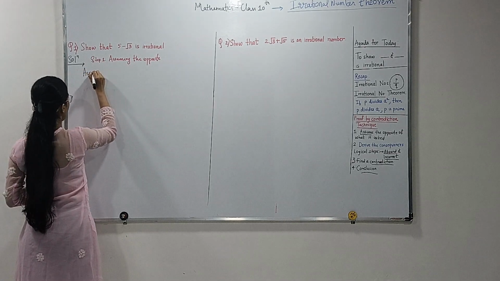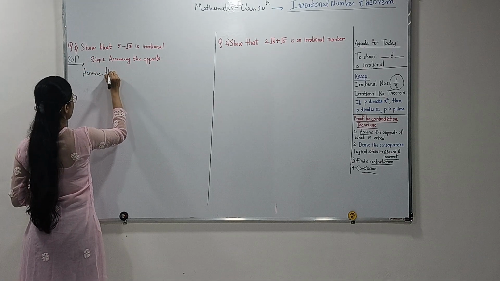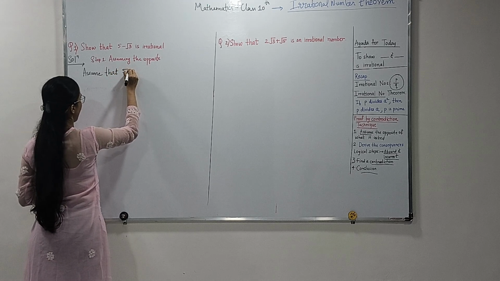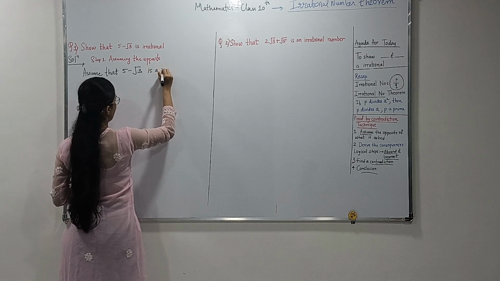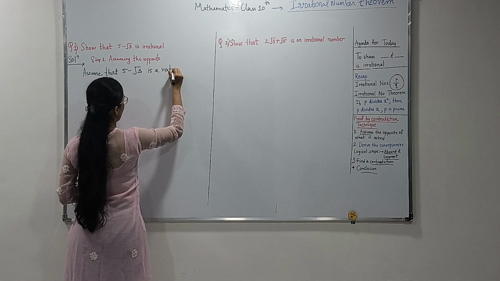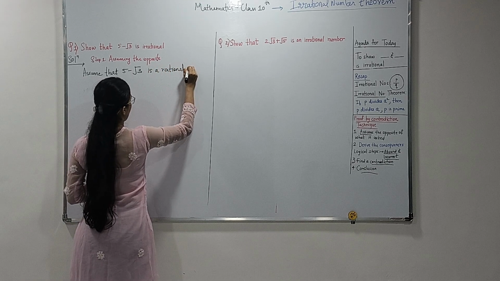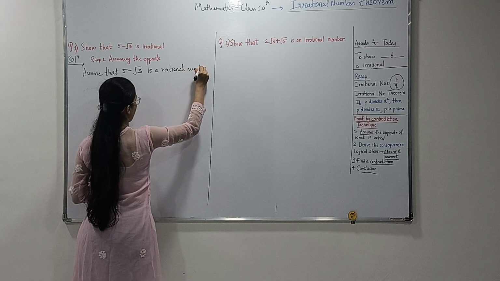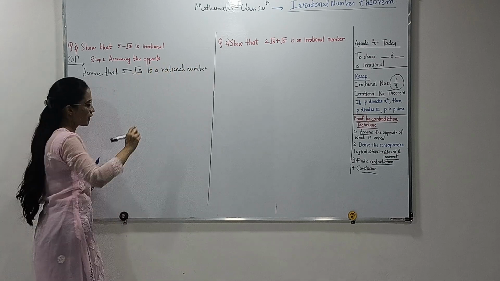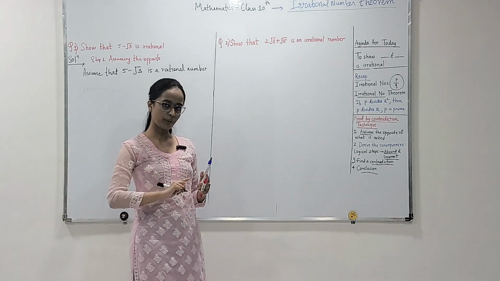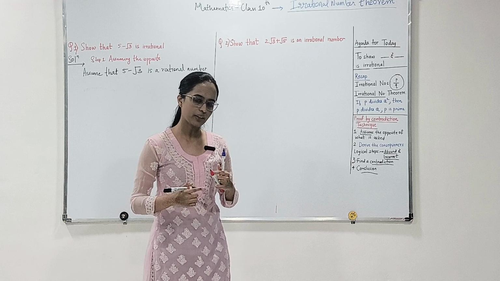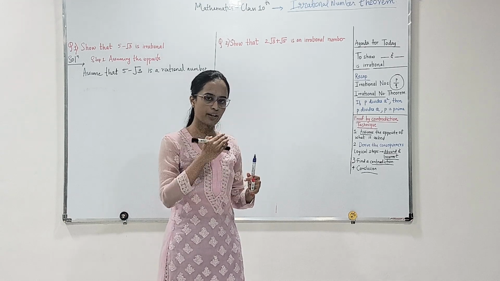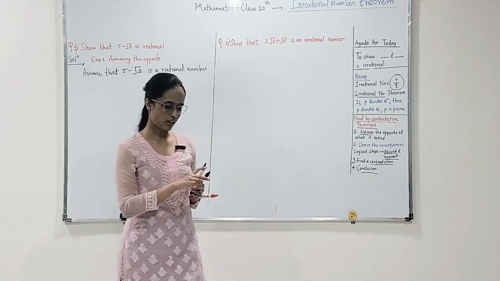Assume that 5 minus root 3 is a rational number. Now, since we have assumed that 5 minus root 3 is a rational number, as per step number 2, we are going to derive the consequences of our assumption.